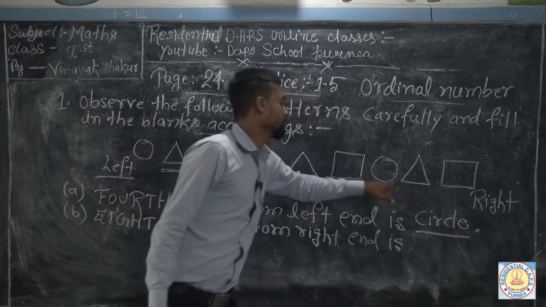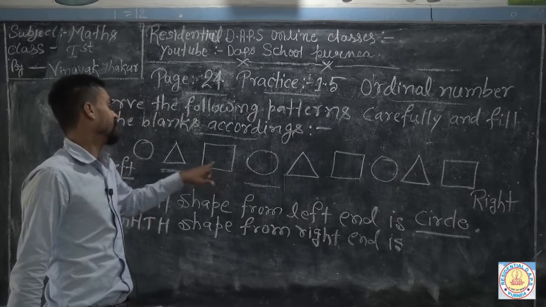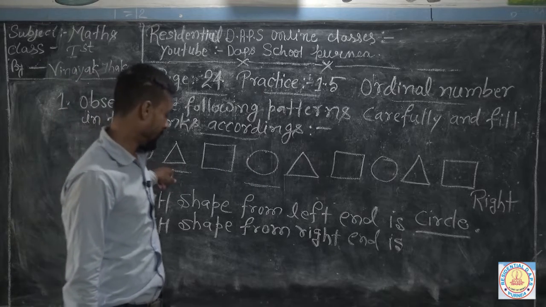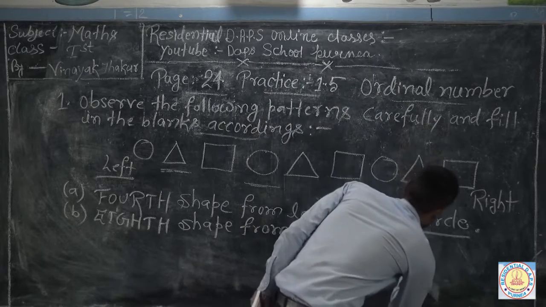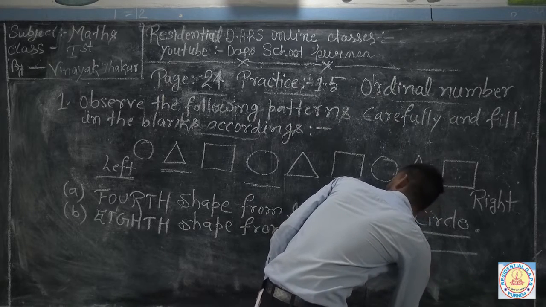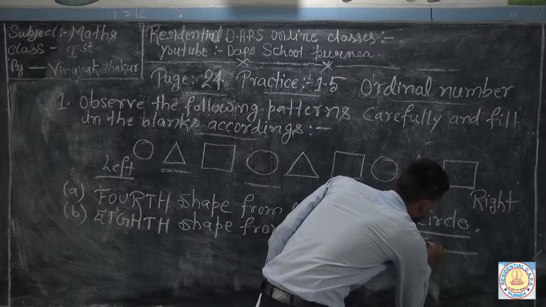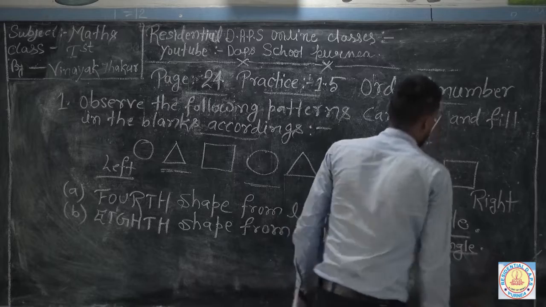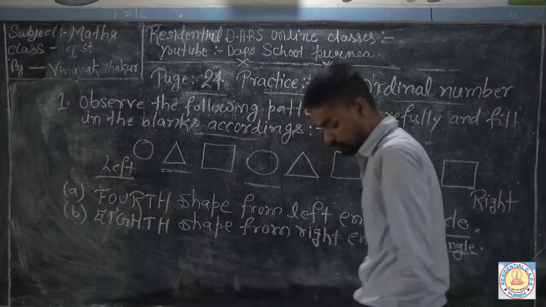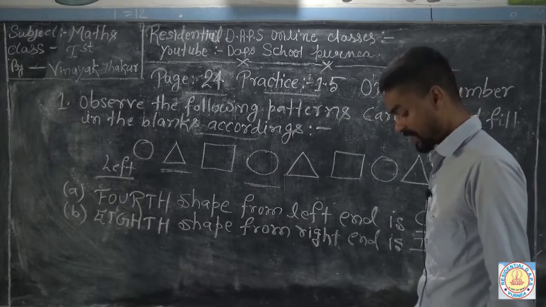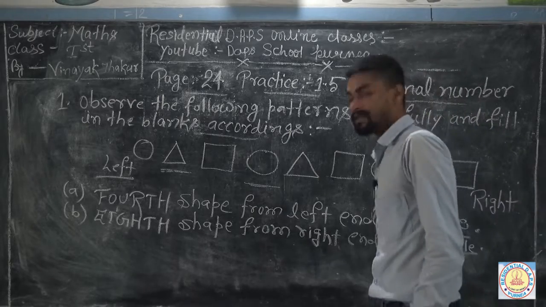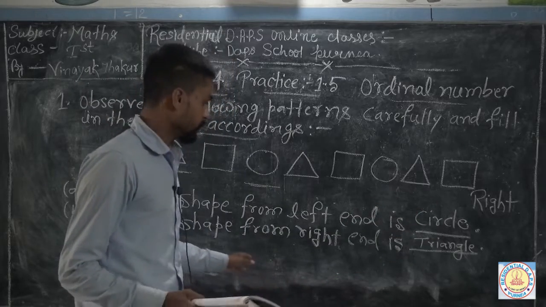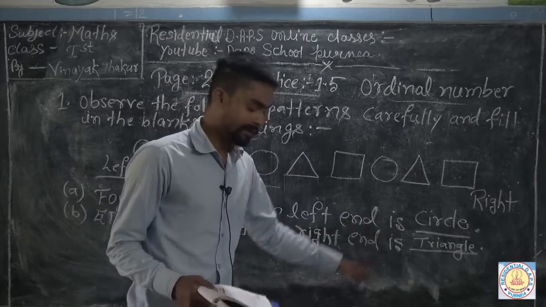So 1 2 3 4 5 6 7 8. Triangle is the shape which is fitted on 8th place. So on the 8th position, triangle is fitted. So you can also look at which shape is on your 8th place. Triangle is on your 8th position. So I'm going to put it.